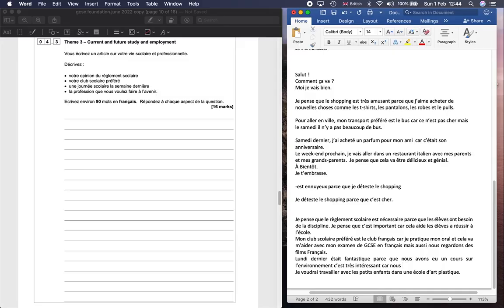Parce que, alors, l'environnement est très intéressant car nous avons appris, this is the past tense, passé composé, nous avons appris comment, excuse me, comment protéger, how to protect, protéger la terre. How to protect the earth, la terre.